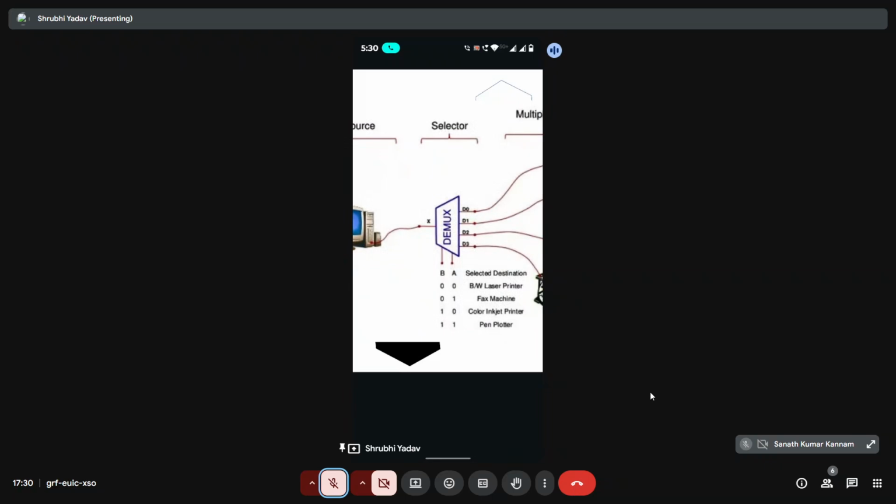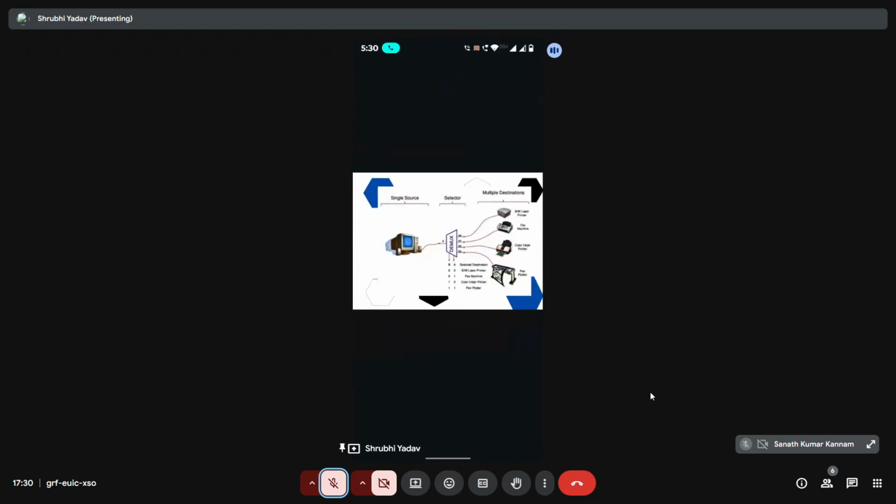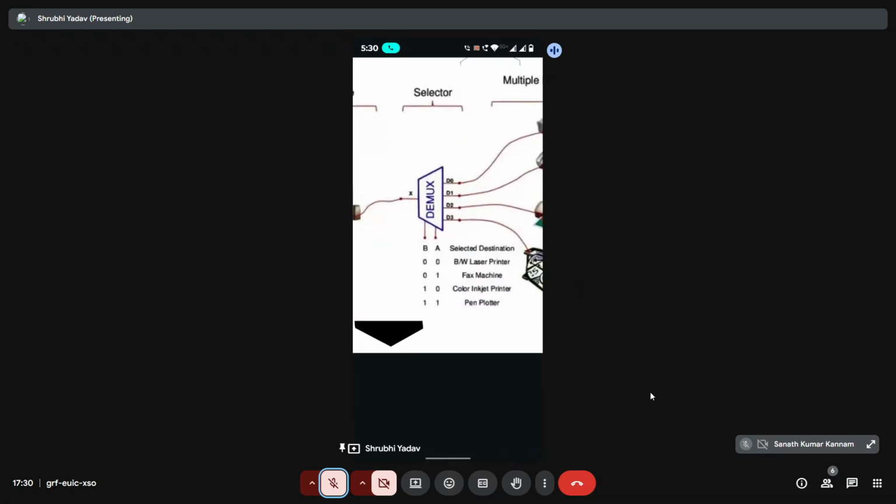Data is distributed based on the select lines. As we have 4 outputs, we will have two select lines. So the combinations will be 4: 0 0, 0 1, 1 0, and 1 1.